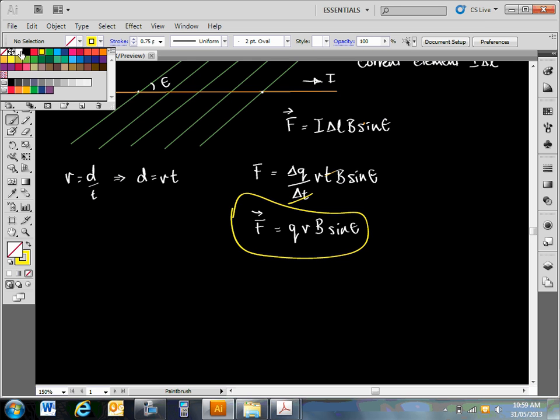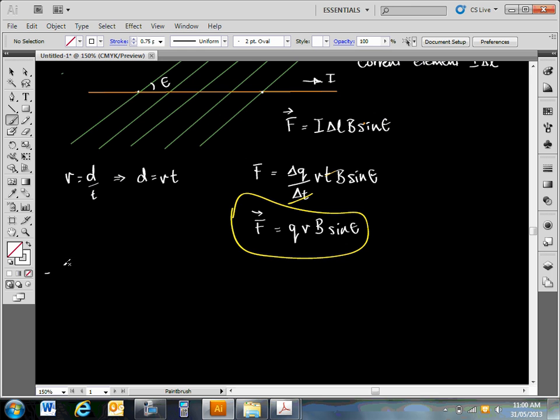So from that formula we can say that the force is velocity dependent.